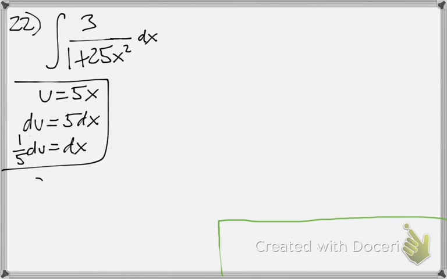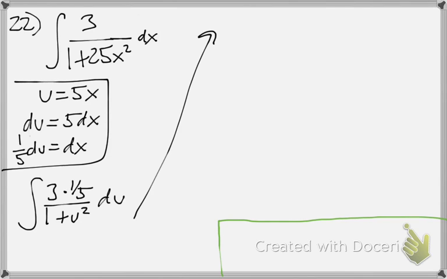So if I replace that, then this is 3 times 1/5 du, and this is 1 plus u squared. So let's combine that: 3/5. And when I have a 1 plus u squared, that is a tangent inverse.